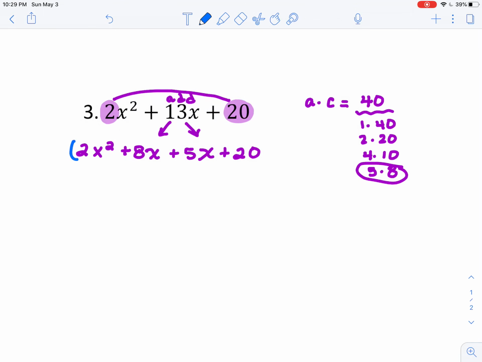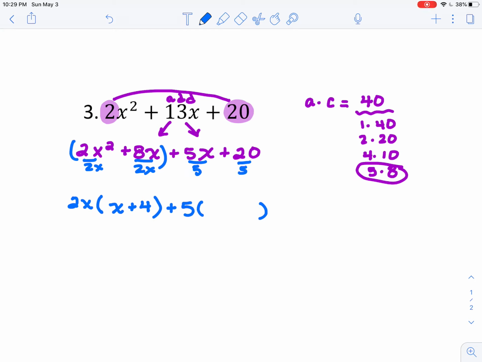Now we do our factor by grouping. So if I look at the first 2 terms, the GCF here is 2x. So if I factor out a 2x from each of those terms, I'm left with x plus 4. In the second set of parentheses, the GCF is a positive 5.